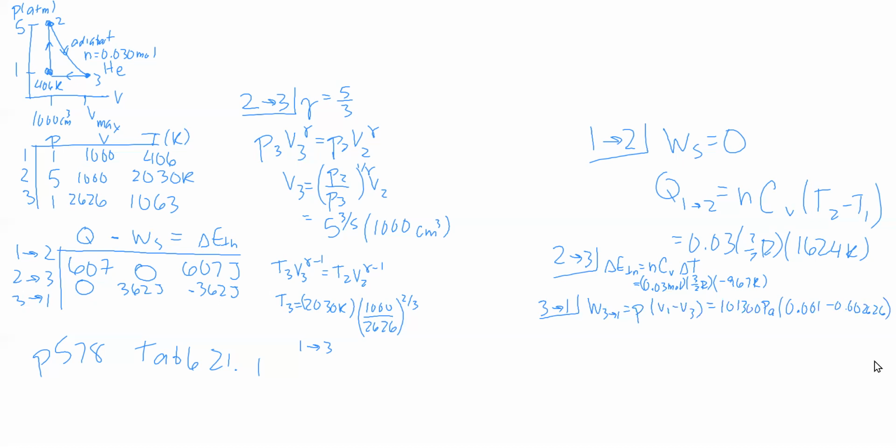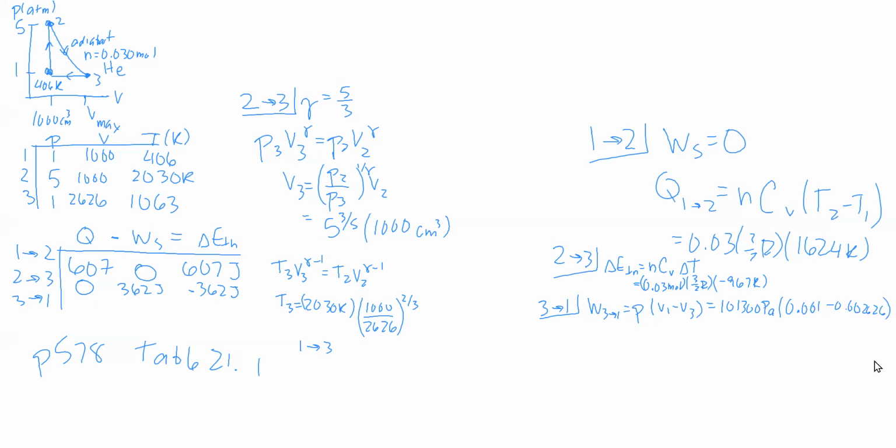So when we do that, we're going to get 101,300 times 0.001 times or minus 626. I'm doing it in a computer algebra system.